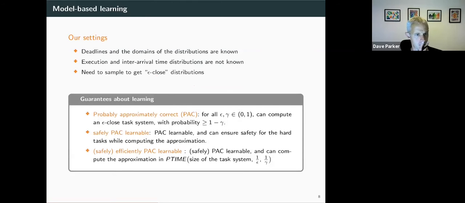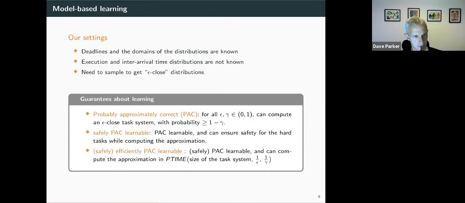Now let us talk about what kind of learning guarantees we can get. Given a class of task systems, we say that the class is probably approximately correct, or PAC, if there is an algorithm L such that for all task systems T in this class, for all epsilon and gamma, if we are given the structure of T, we can compute an epsilon close task system with probability at least 1 minus gamma.